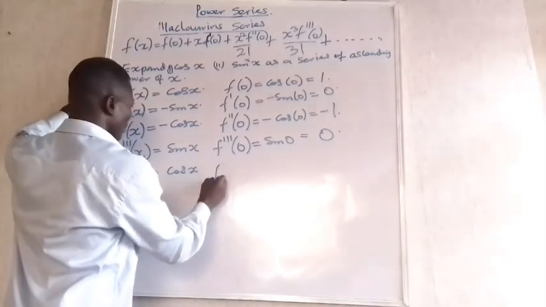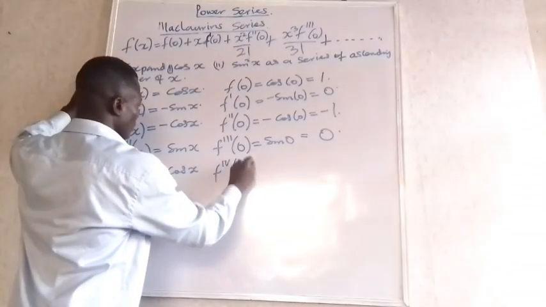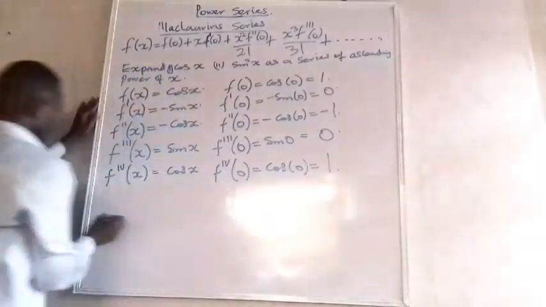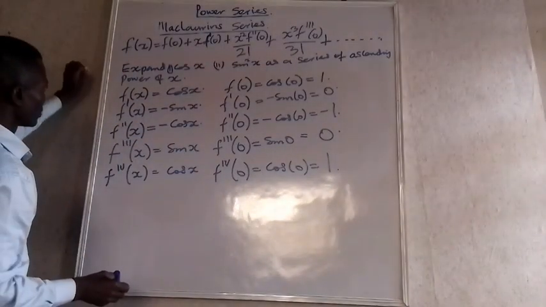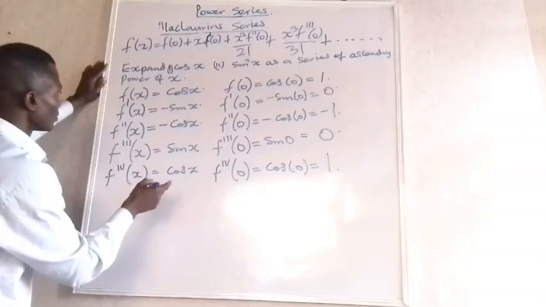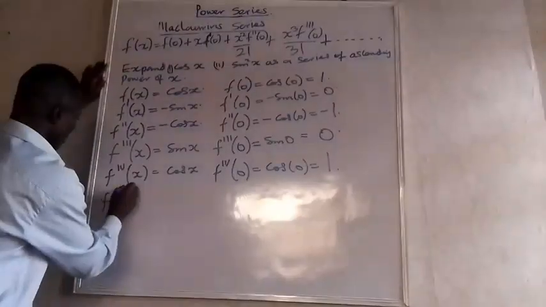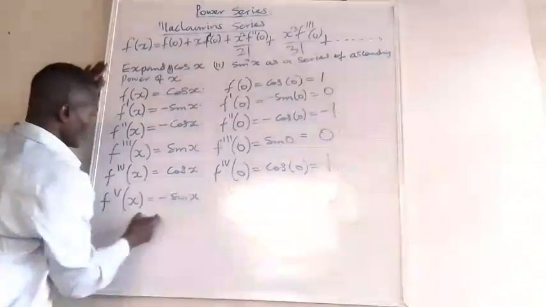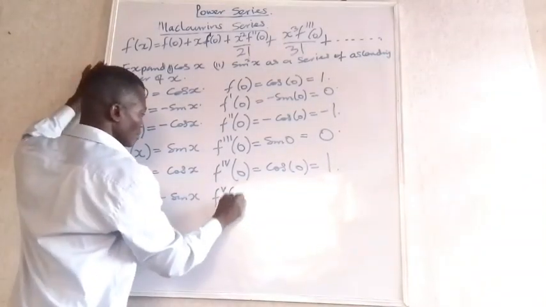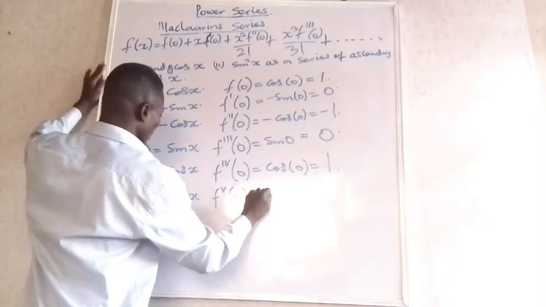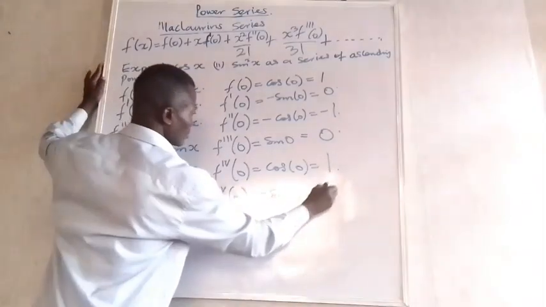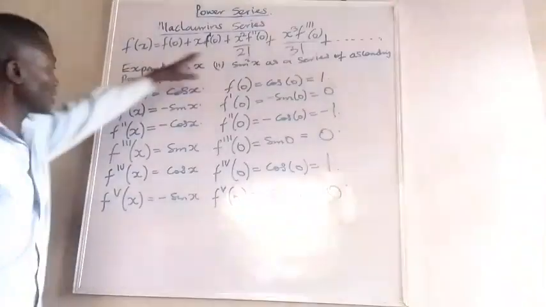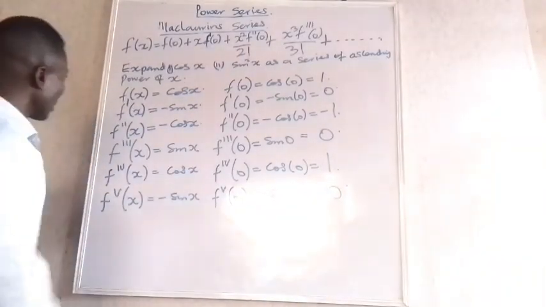So I have, etc. Now let me put it here. Let me now use this expansion to work it out. Therefore, cos x.